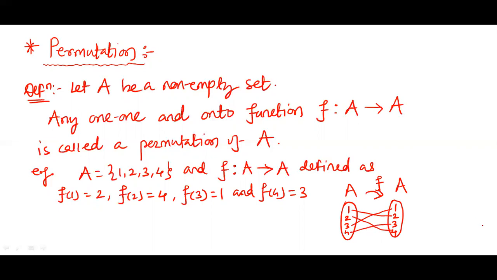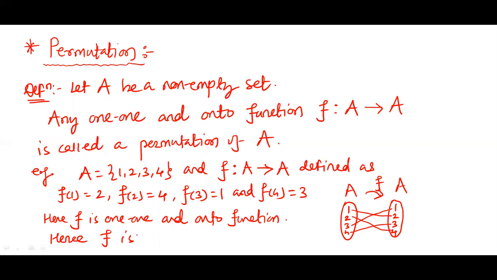You can see that this function f from set A to A is one-one as well as onto function, and hence f is a permutation of A.